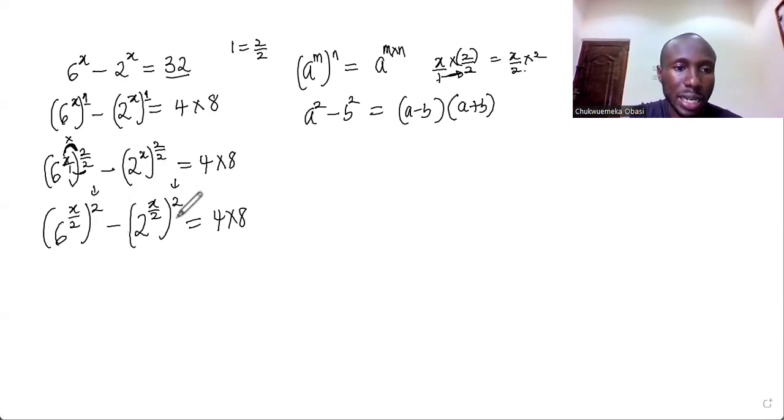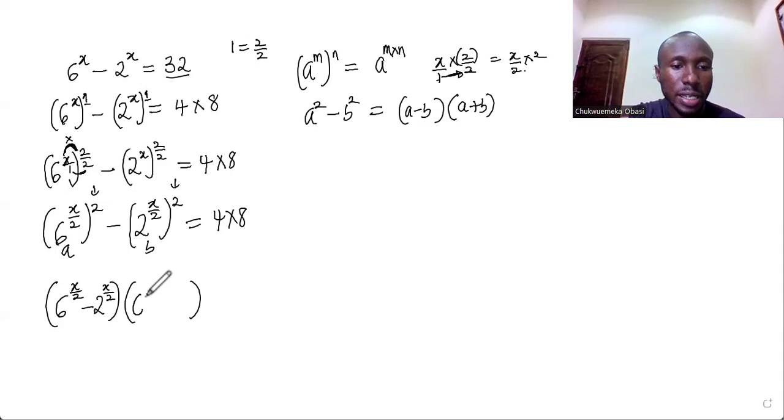So this is my a and this is my b. So it's going to be 6 to the x upon 2 minus 2 to the x upon 2, times 6 to the x upon 2 plus 2 to the x upon 2, equal to 4 times 8.